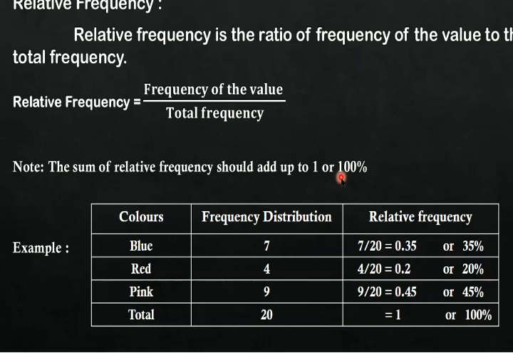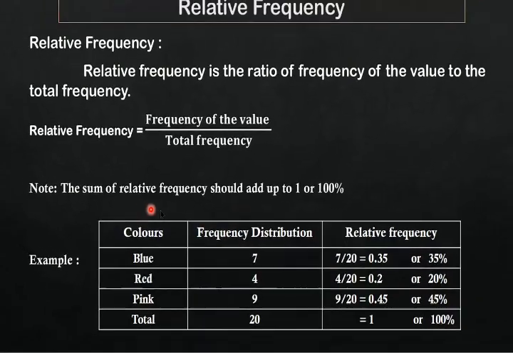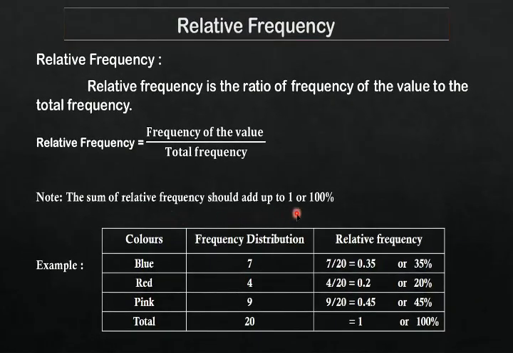When we add 0.35, 0.2, and 0.45, finally we get 1. If I add all the percentages, finally I get 100 percent. So remember, the sum of relative frequencies should add up to 1 or 100%.